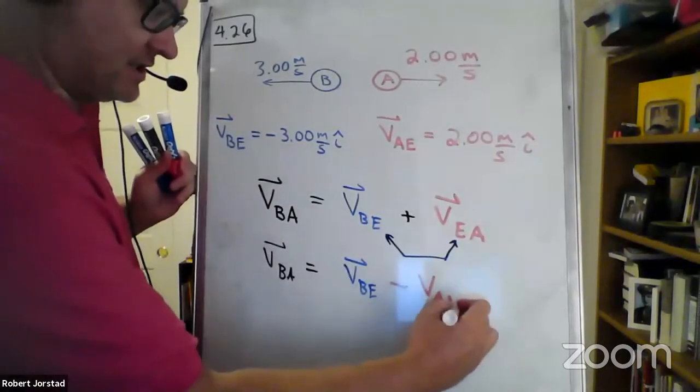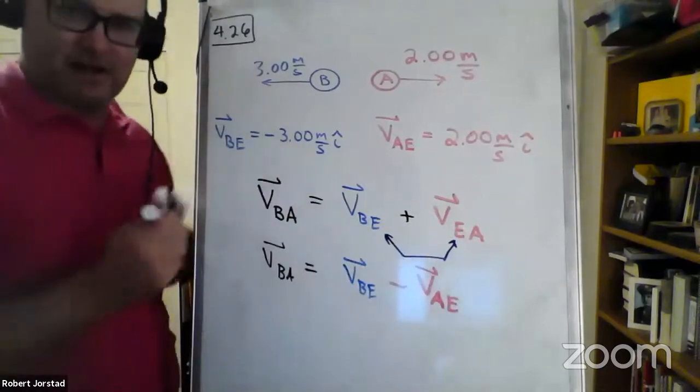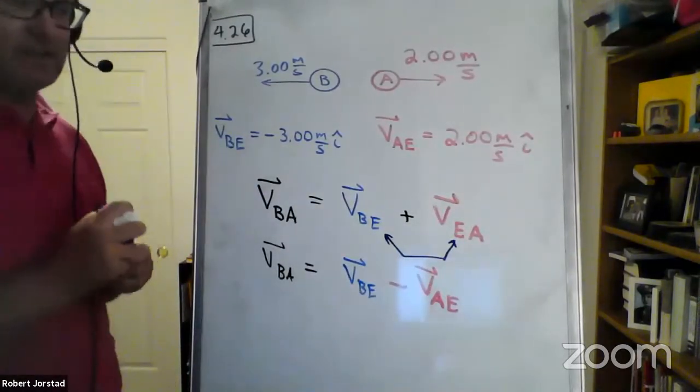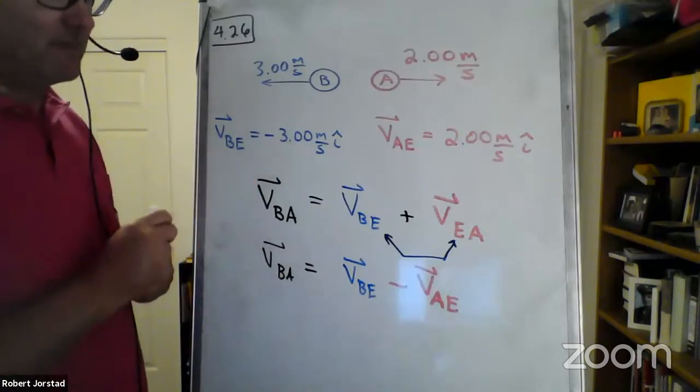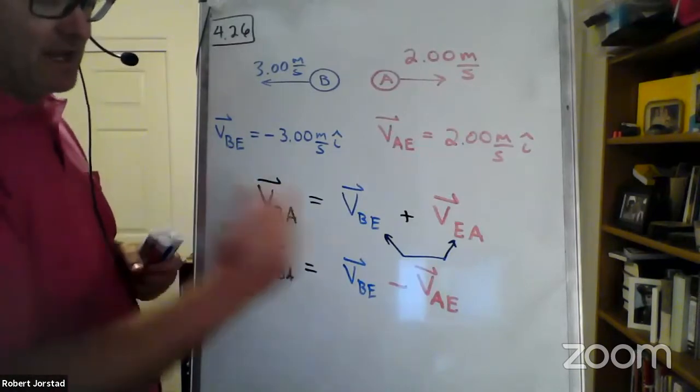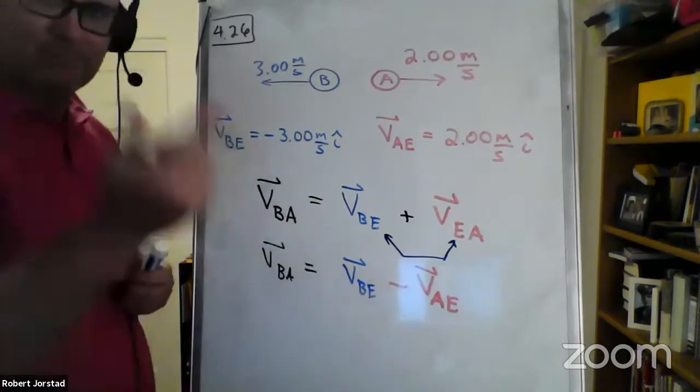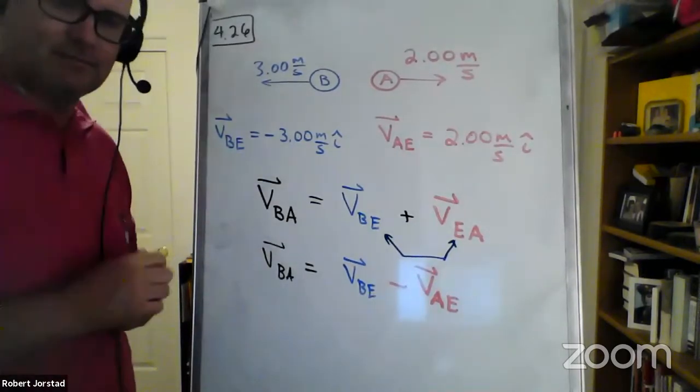If I switch the subscripts, I introduce a minus sign. So now we see we're basically doing vector subtraction instead of addition in this problem. Big deal. So what Esteban was saying earlier is, can't I just write this down if I see it? Sure. If you see that, great.